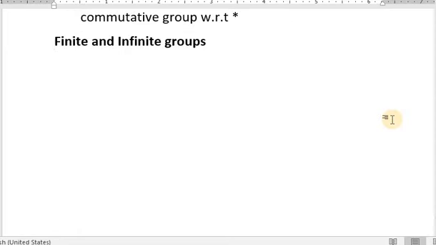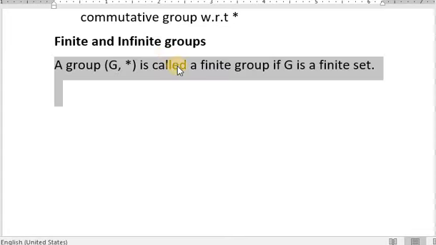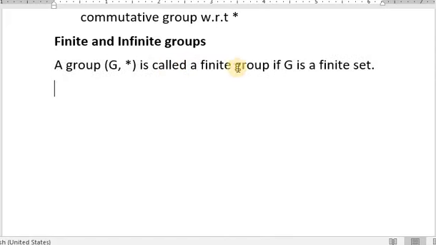Now let me define finite and infinite. The name itself tells us. If a group contains a finite number of elements, then we call it a finite group, and if it has an infinite number of elements, then it is an infinite group. So a group G, star is called a finite group if G is a finite set, meaning G has a finite number of elements.